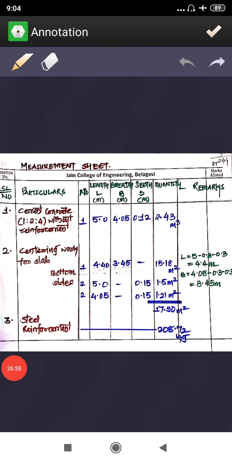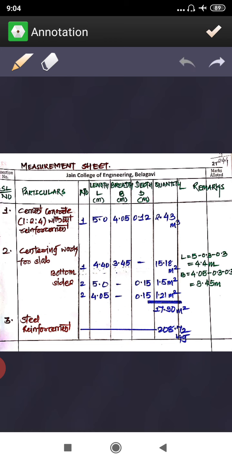Now for the centering work, centering means the formwork you are going to prepare for the bottom of slab and for the sides of slab. For the bottom of slab, in to in is 4.4 into 3.45, so it is going to be 15.18 meter square. How I got that 4.4, I have shown in the remarks column. 5 is the out span, the total span including the wall thickness.